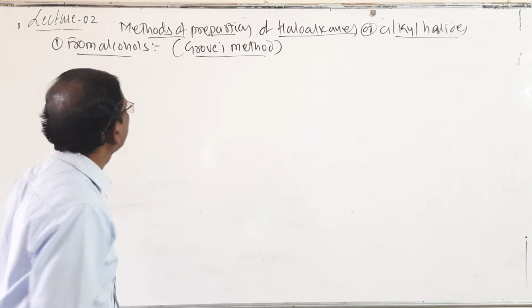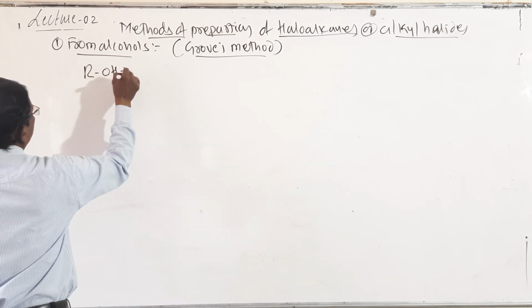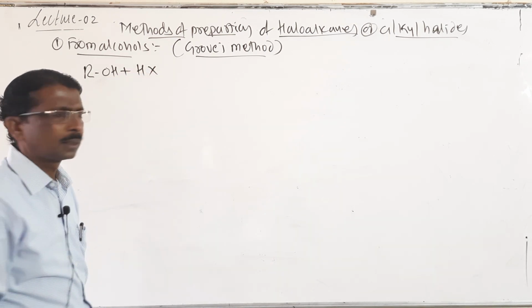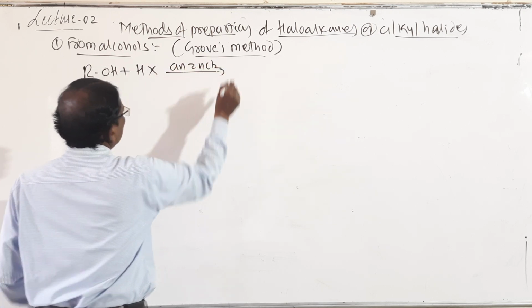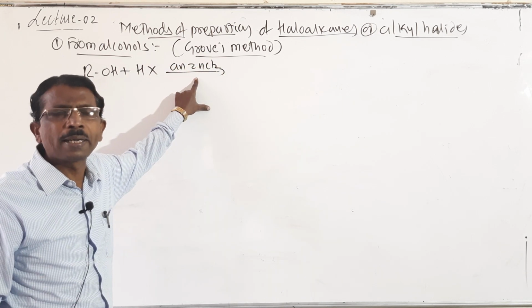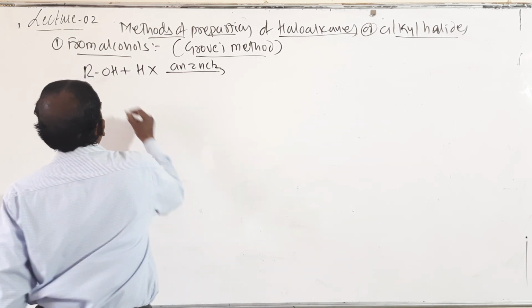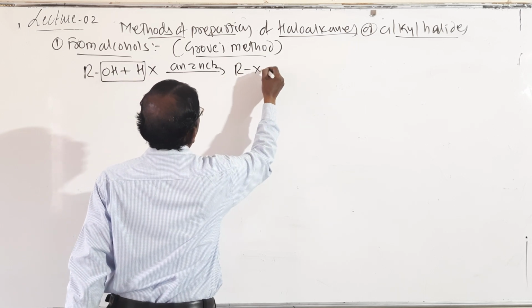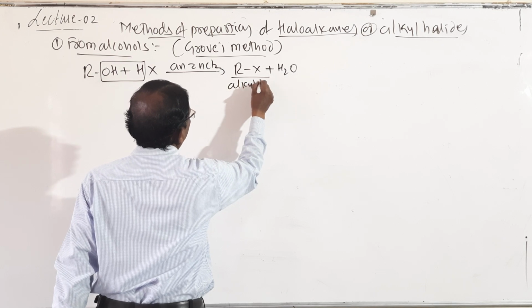In this reaction, when alcohol is treated with halogen acid HX in the presence of anhydrous zinc chloride, the anhydrous zinc chloride acts as a dehydrating agent. It removes the water molecule, and then it forms RX plus H2O. RX is called an alkyl halide.